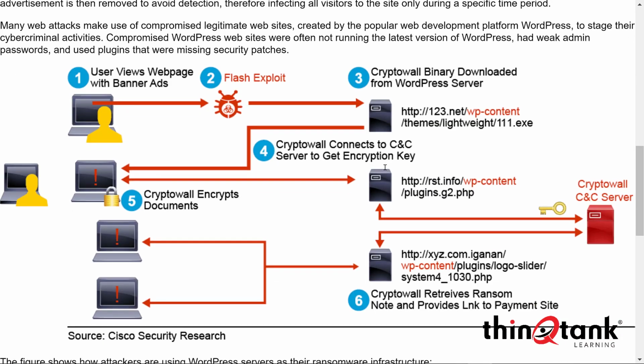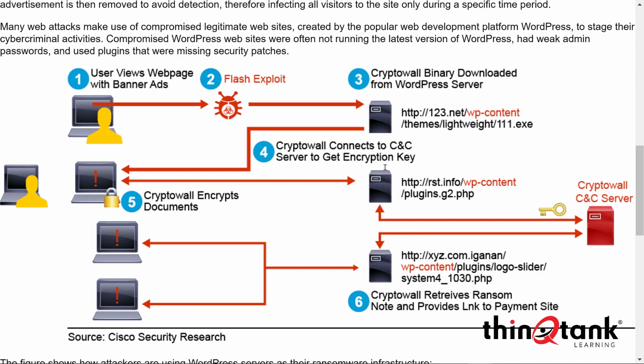So what we're seeing in this particular diagram here is how attackers use WordPress servers in their ransomware attacks. The victim is going to browse to a compromised website that has banner ads, what we call malvertising. I mentioned that term briefly previously, and exposed the victim to the exploit kit.